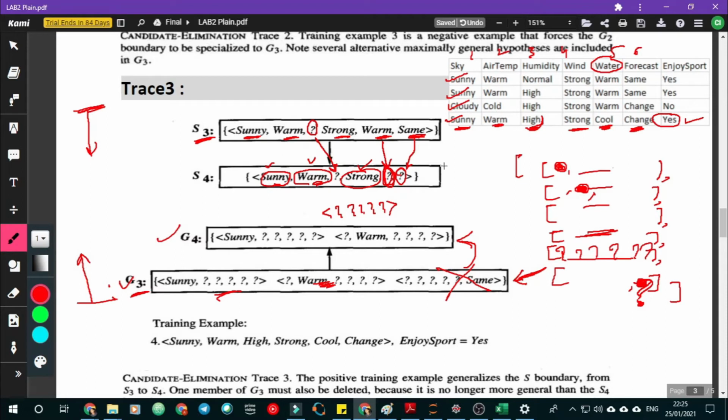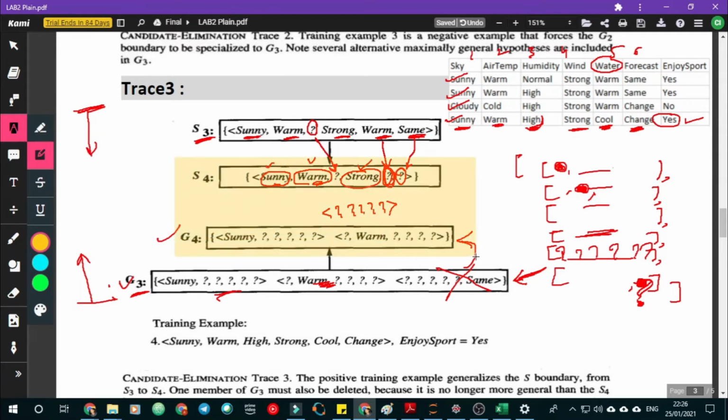So after reading all the 4 examples, data sample, what I can say is these 2 hypotheses are the boundaries for the general and the specific hypothesis. This is the specific hypothesis boundary, this is the general hypothesis boundary. Okay, boundary, not a single hypothesis we got here.